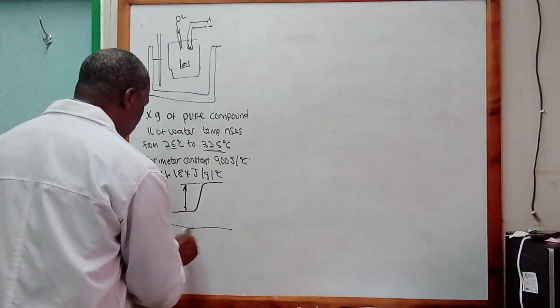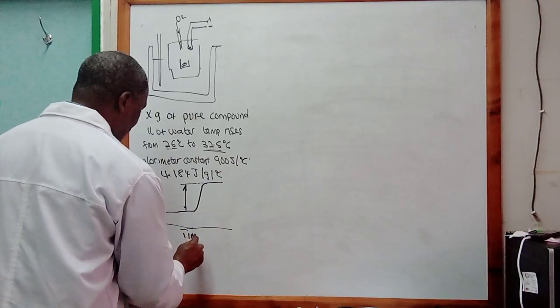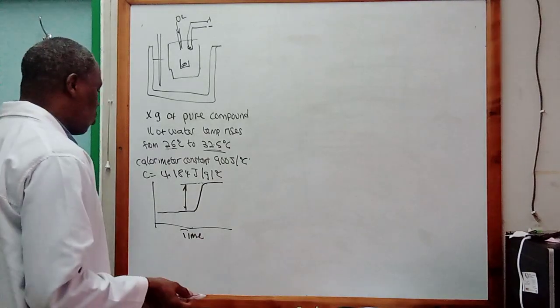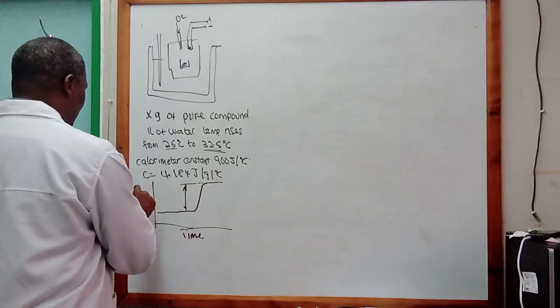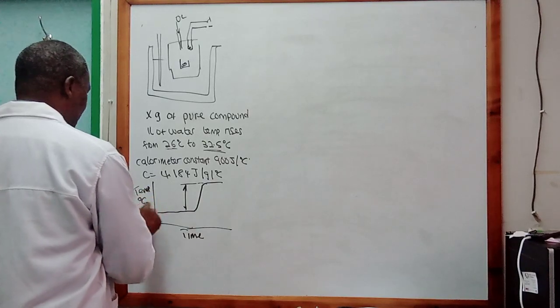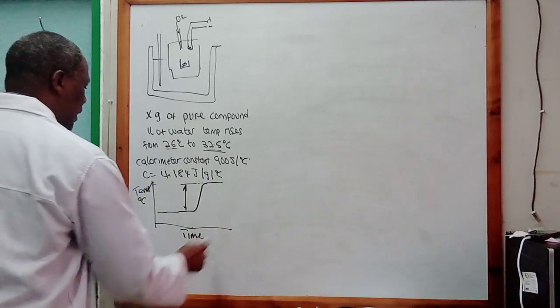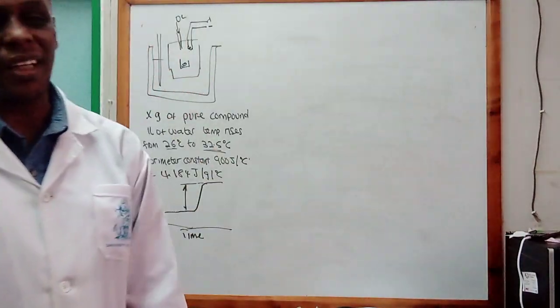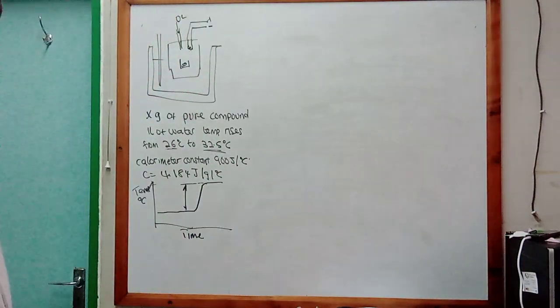Here is time elapsed, which could be minutes, seconds, or hours, and here is the temperature in degrees Celsius. You plot something like that, and based on that information you put the values into the calculations here.